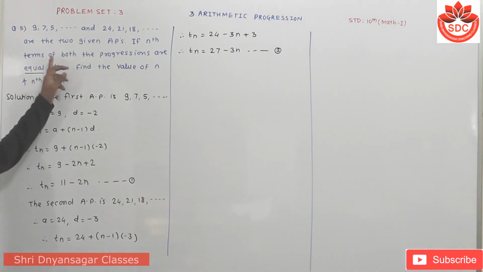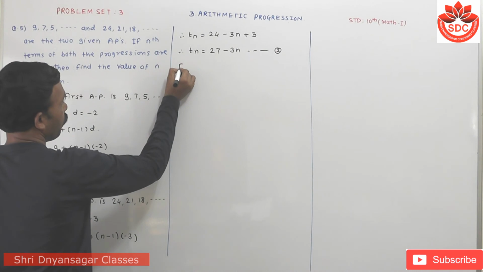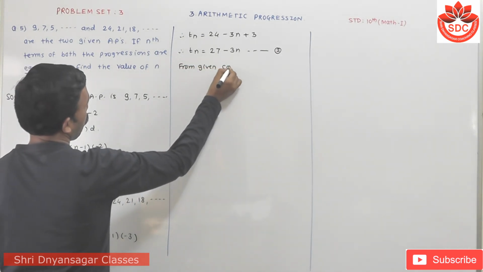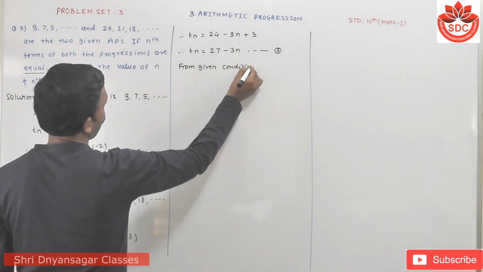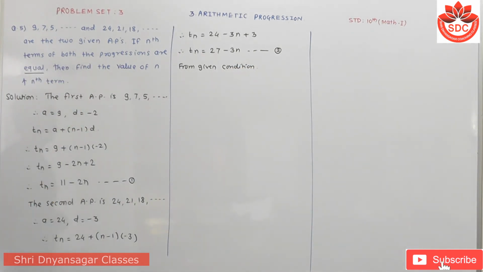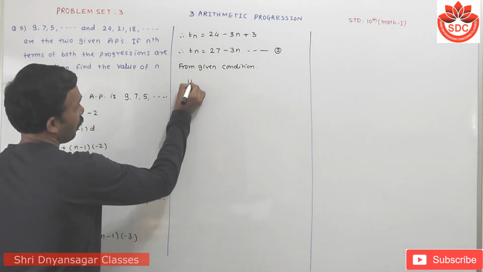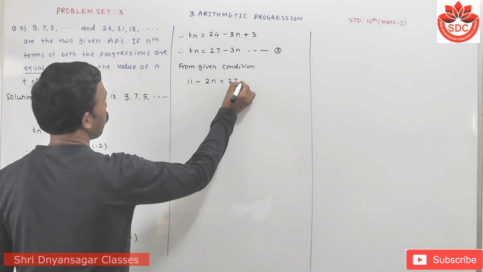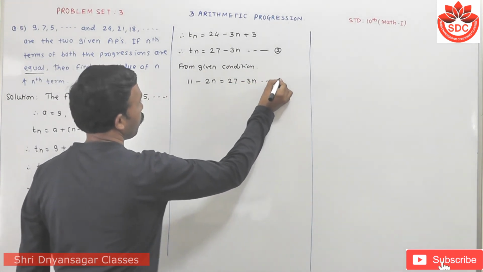From the given condition both the progressions are equal. Now therefore from the given condition these two are equal, meaning from first and second equations we write here 11 minus 2n is equal to 27 minus 3n.